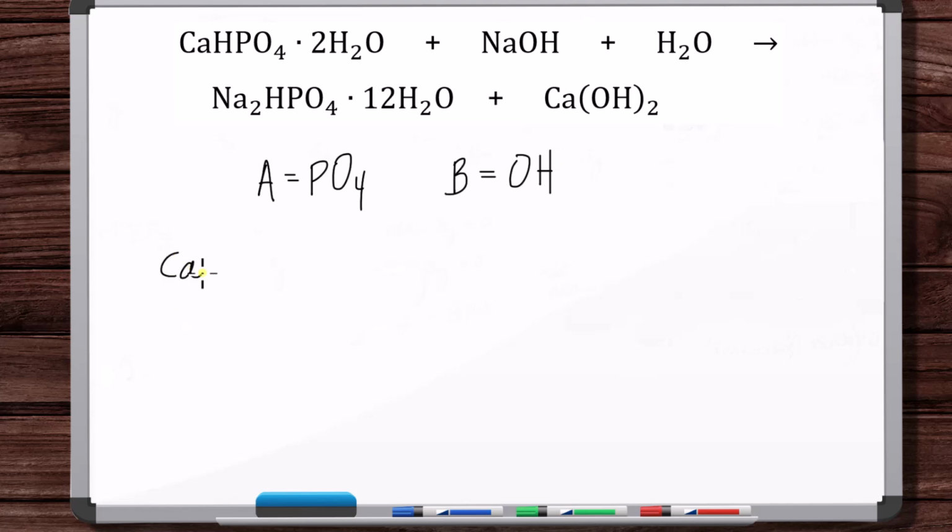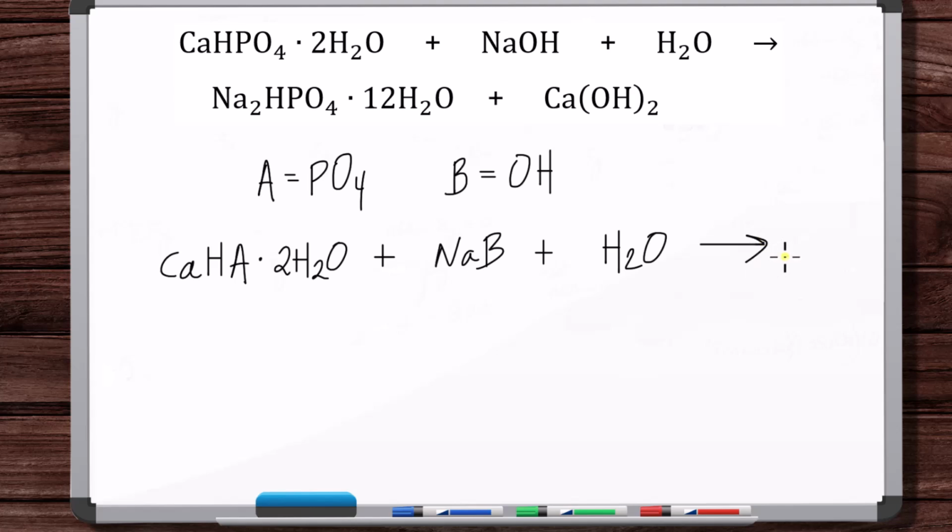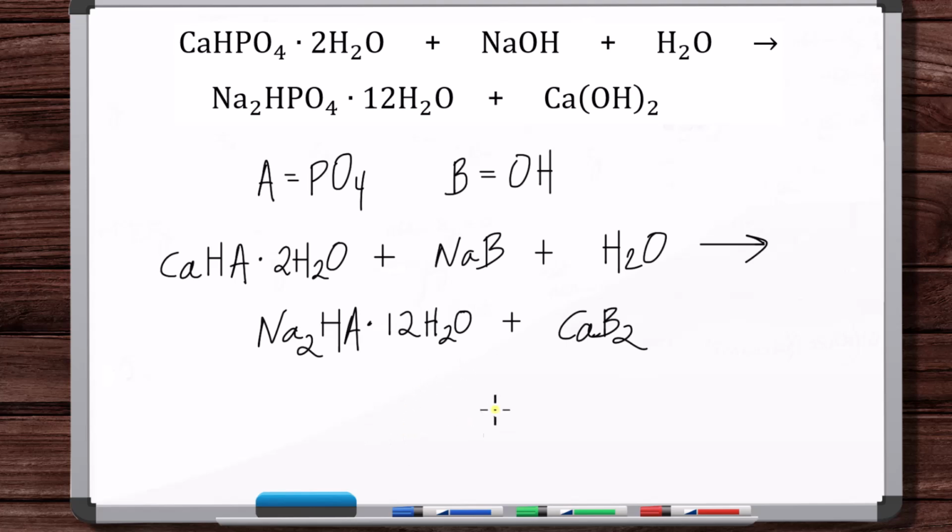So we've got H, A, okay, plus Na, okay, now Na2, H, A, plus CaB2. All right, so now this is a lot simpler to deal with, right?